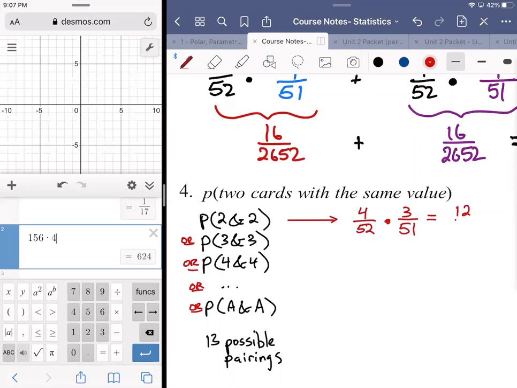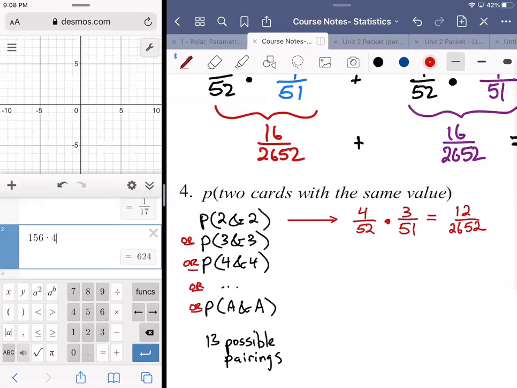So I'm cutting out a lot of the notation here just to get at the number crunching. But I'm looking at 12 over 2652 just for that one computation. So then you would just ask yourself is there any reason to think that the rest of the computations would be any different? 3 and a 3, for example. Well, there's 4 3s.